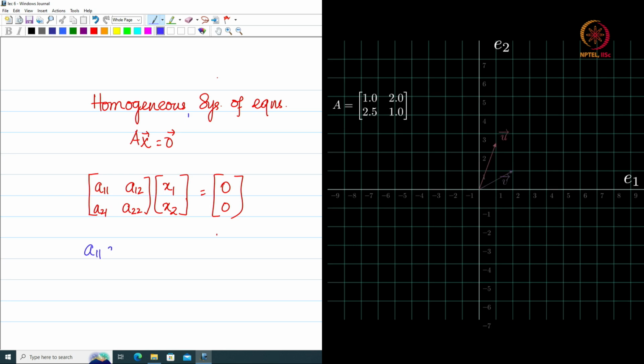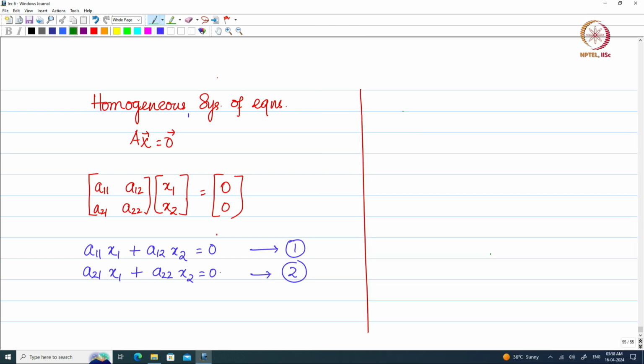Now, if we write it in the equation format, something interesting turns out. We have A11 x1 plus A12 x2 is equal to 0, and A21 x1 plus A22 x2 is equal to 0. If you look at equation 1, you can very clearly see that it is of the form A11 A12 times x1 x2 gives me 0.